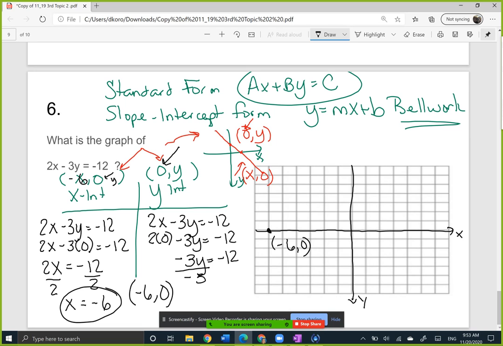Divide both sides by negative 3. y is equal to 4. So my ordered pair is 0 and 4. Then I start here at the origin. 0 and 4 is here, 1, 2, 3. Okay, and this is my y-intercept. This is my x-intercept. That's my line.